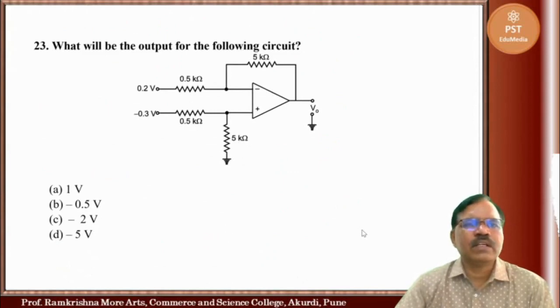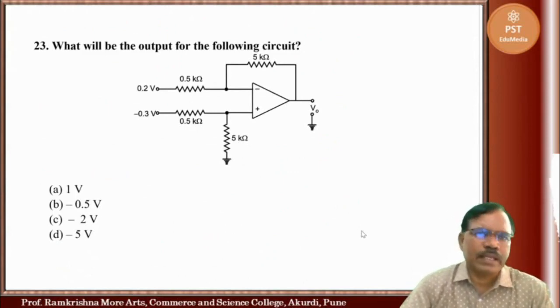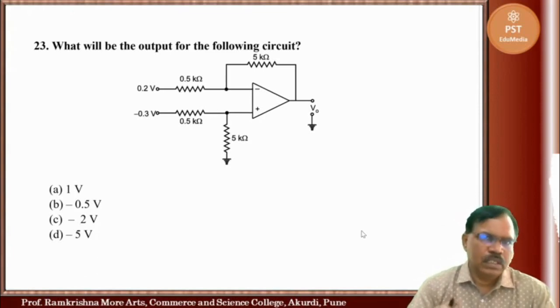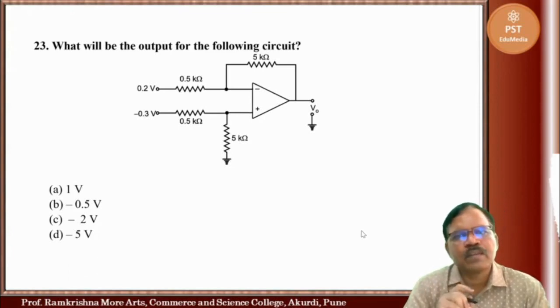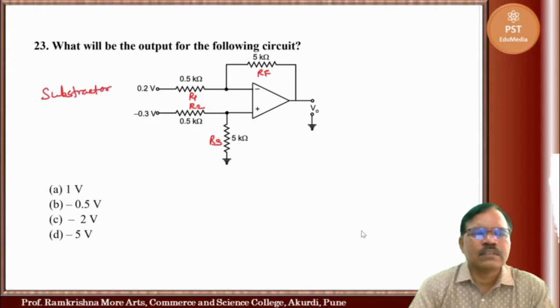Now next one, what will be the output for the following circuit? Now see the circuit carefully. So you can write this as RF, this as R1, this as R2, this as R3. This is a subtractor circuit.